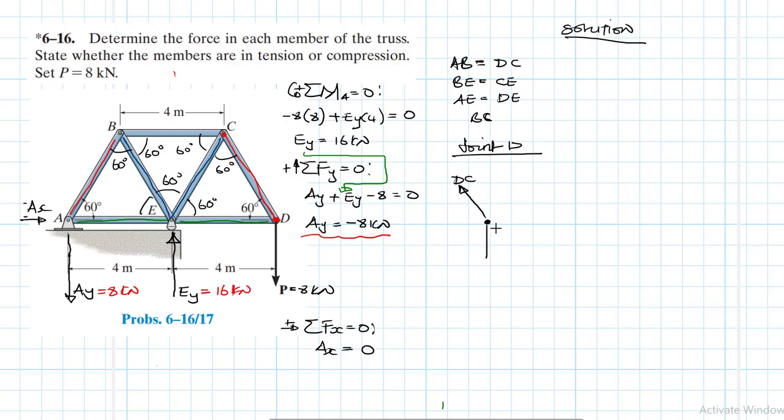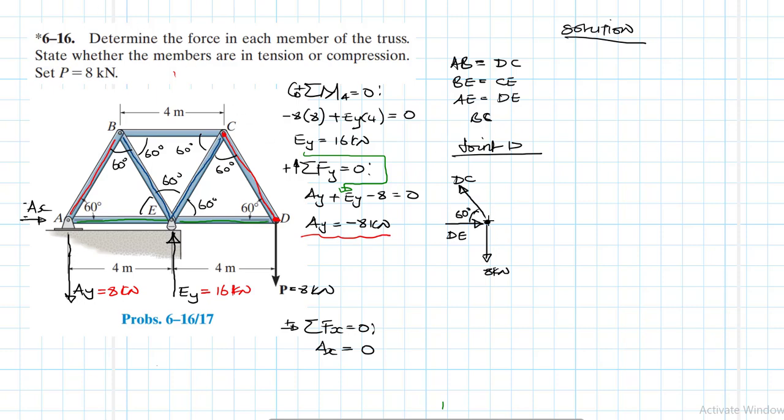So we get back to joint D. We have DC there, and we have the applied load, which is 8 kilonewtons. And I'm assuming DE to be in compression, like so. This angle here is 60 degrees.